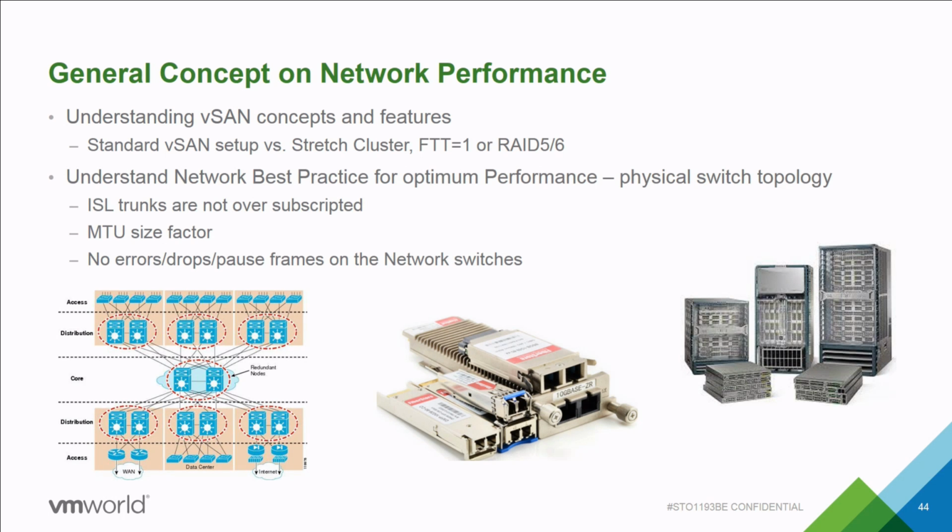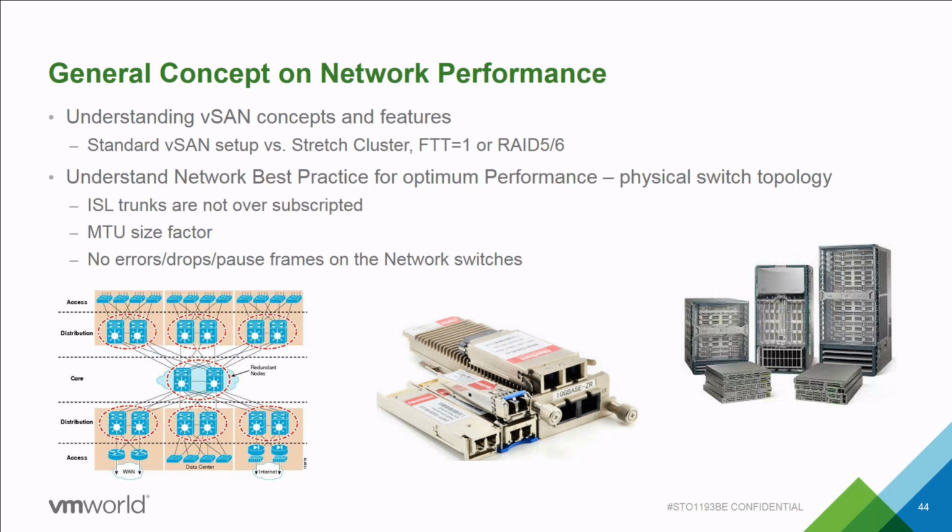Okay. What about the layer up on the physical switch? What about the ISL trunks? If you have multiple switches, you do not want those ISL trunks overcommitted. Overcommitment is always latency. Typically, a service provider overbooks his network links 50 times.